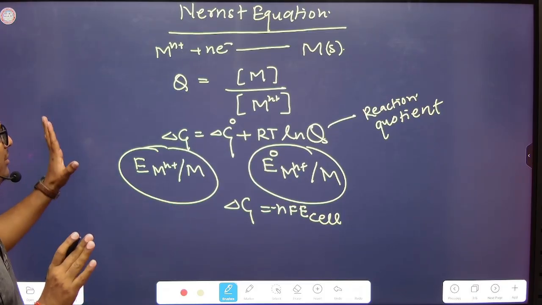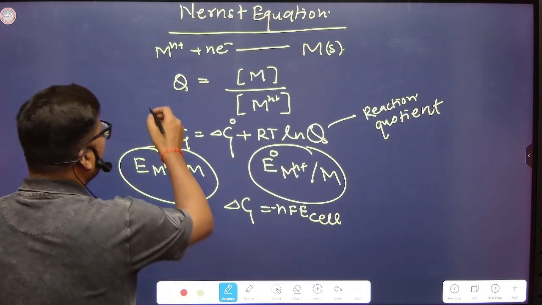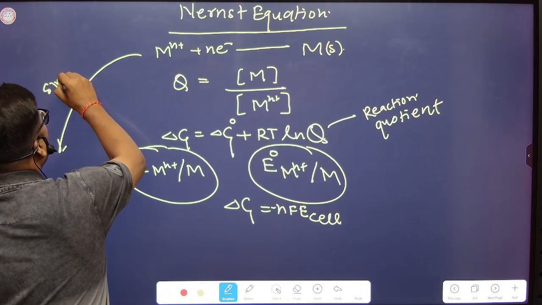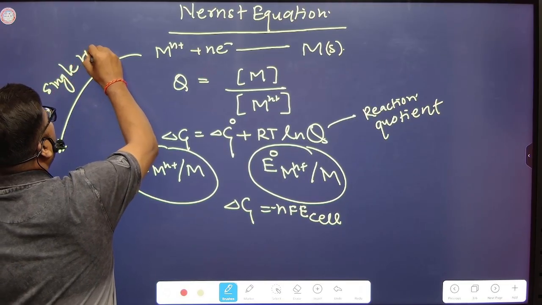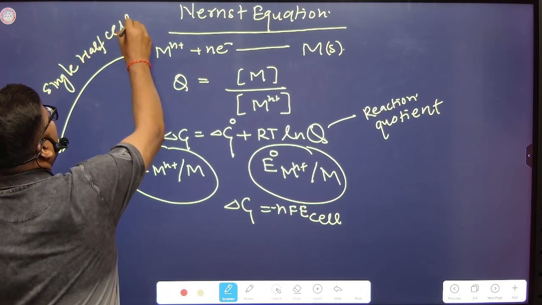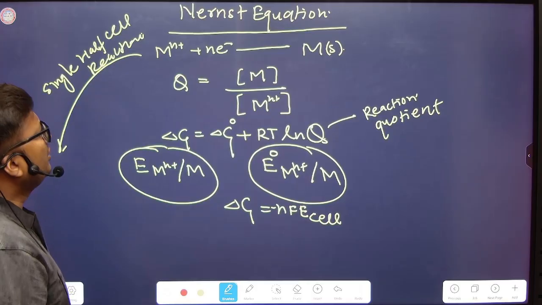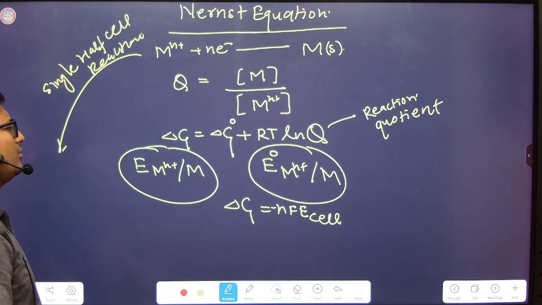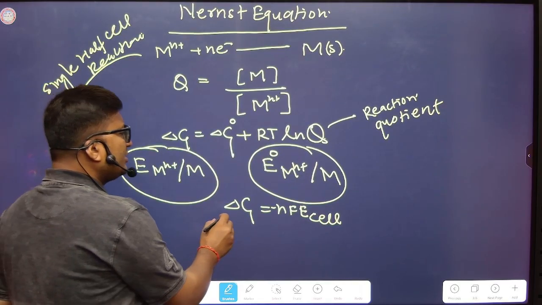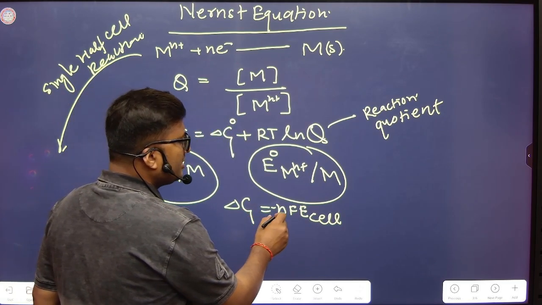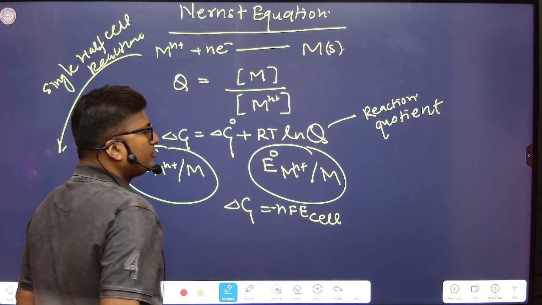But if there is a single electrode reaction, a single half cell reaction, then there will be an electrode potential. So this change in Gibbs free energy will be equal to minus n F E.